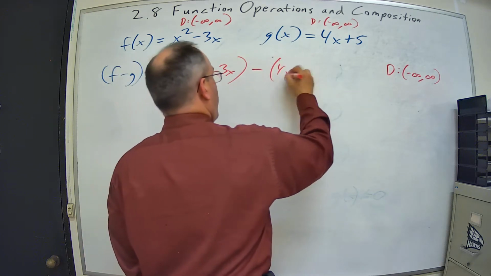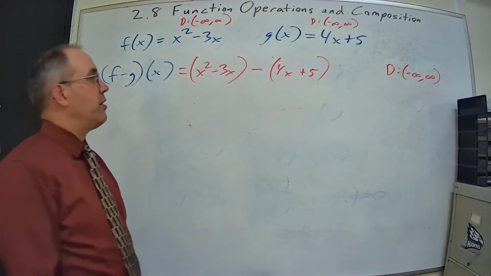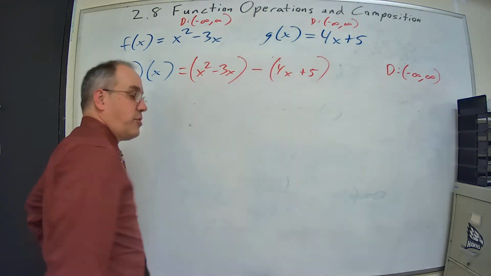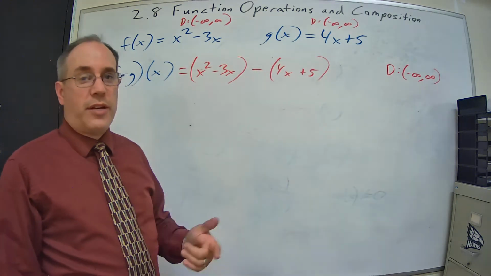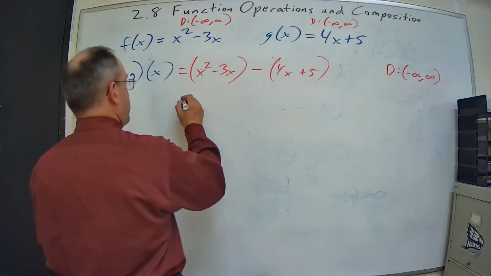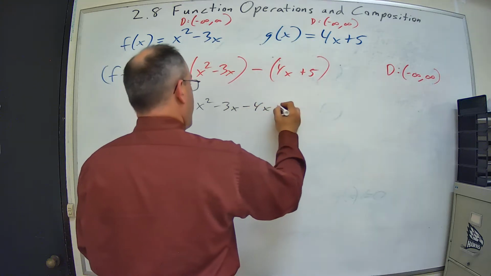So now we're going to take f of x, x squared minus 3x, minus g of x, 4x plus 5. Here's where those parentheses actually mean a little bit more, because remember, we're going to have to distribute that through. That's one of the reasons you should be careful putting these parentheses in, because it's very easy for someone to accidentally do this. It is equal to x squared minus 3x minus 4x plus 5.